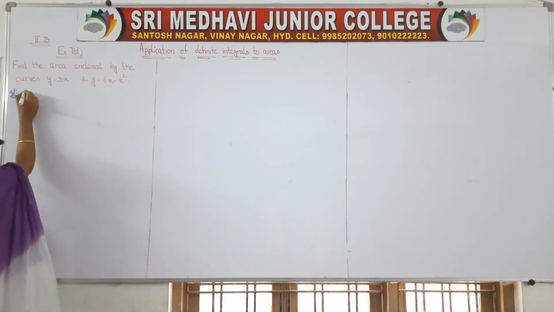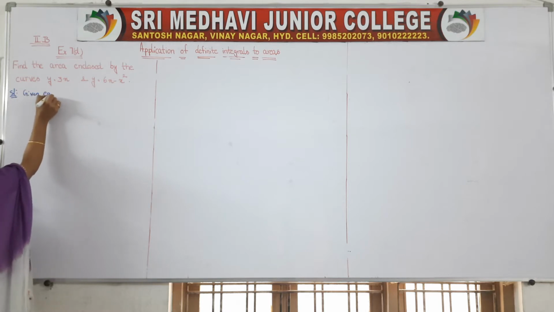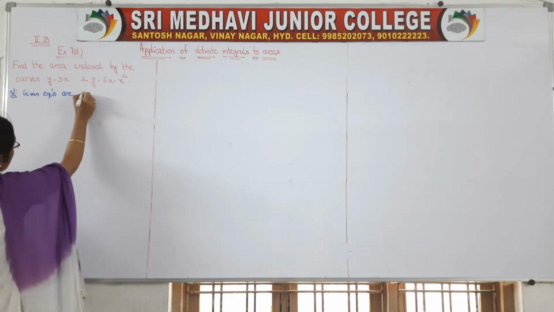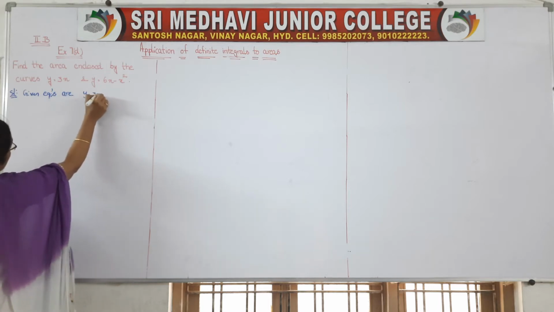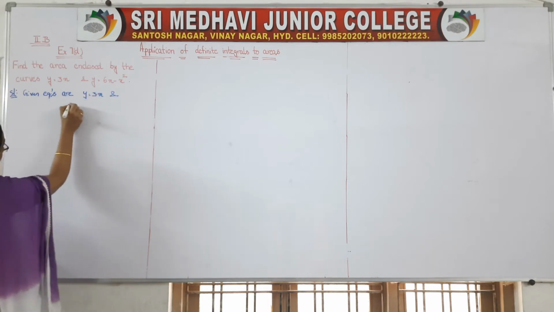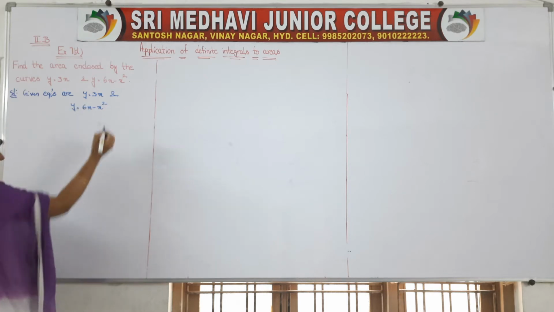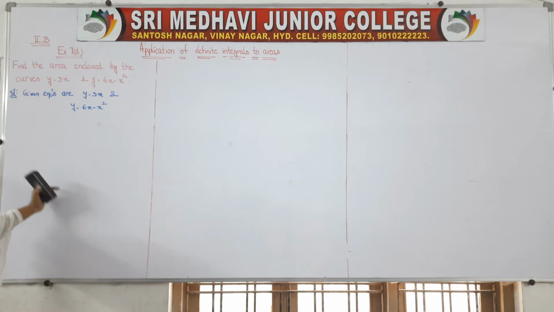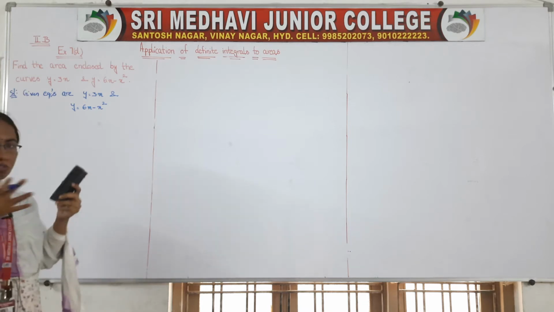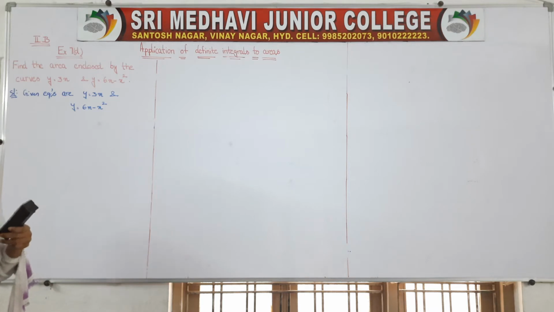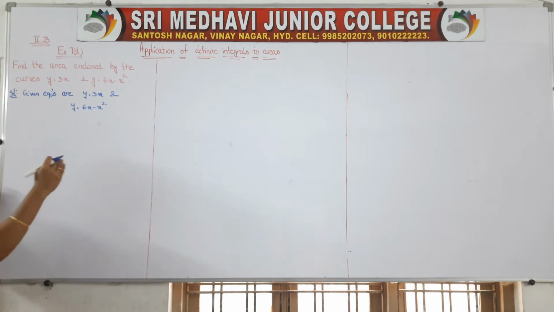So the given equations are, right? What are the given equations? y is equal to 3x and y is equal to 6x minus x square. So we need the point of intersection of these two, so that we can find the area from that point to another point.